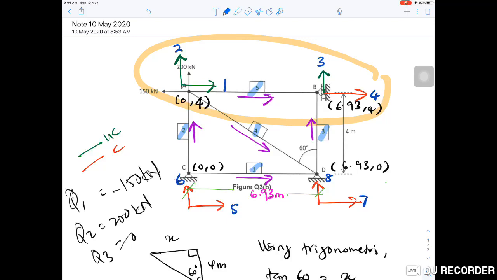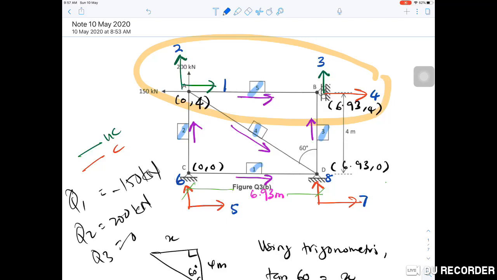This is the diagram. As you can see here, there are 8 degrees of freedom because there are 4 nodes. There are 3 supports, 2 pins and 1 roller, which produce 5 unknown reactions, and 5 unknown reactions are equivalent to the degrees of freedom for the constrained system. So the remaining 3 are unconstrained.